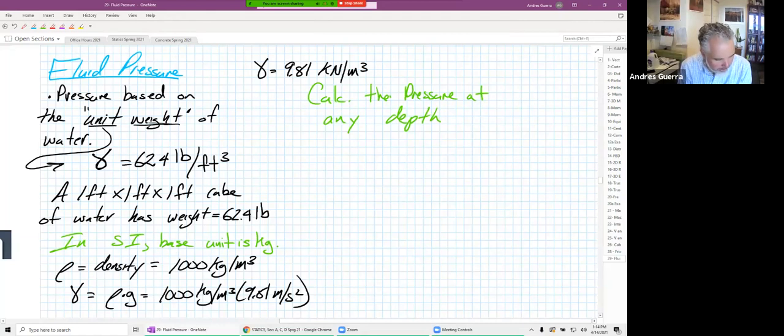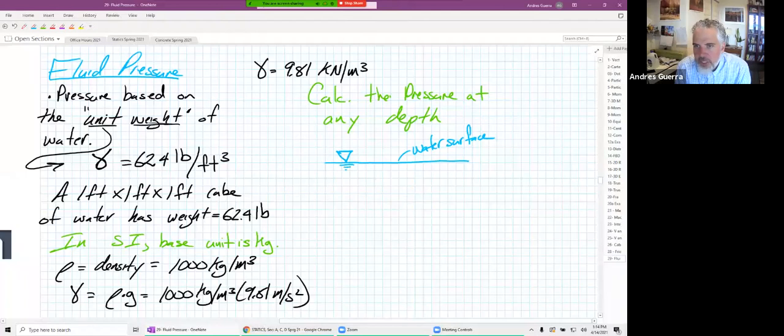So if we take the phreatic surface, so this is like the water surface right here, and we denote the water surface, like if I didn't have the blue color, with an upside down triangle with 3 lines of decreasing length. That's our symbol to say, hey, here's the water surface. There's the top of our water right there.